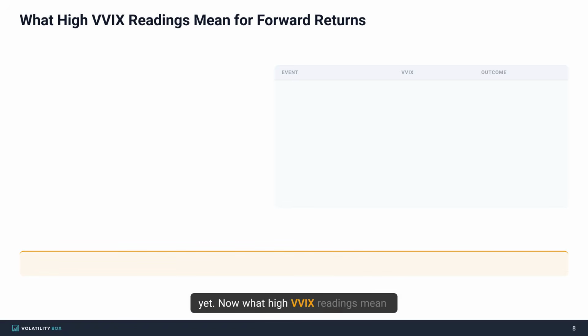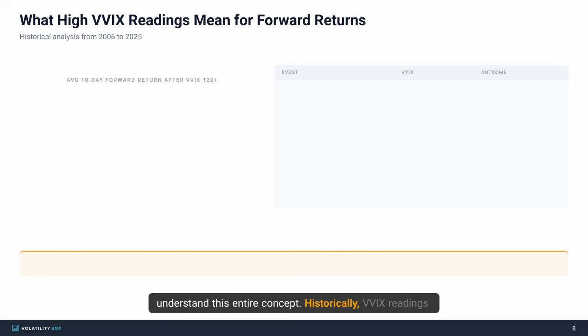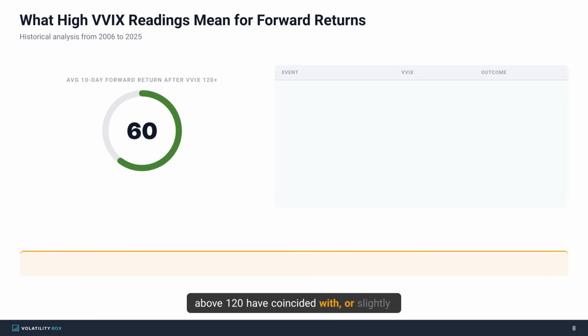Now, what high VVIX readings mean for forward returns is another factor that you want to pay attention to understand this entire concept. Historically, VVIX readings above 120 have coincided with, or slightly preceded rather, S&P 500 drawdowns. But the forward returns tell a different story altogether.